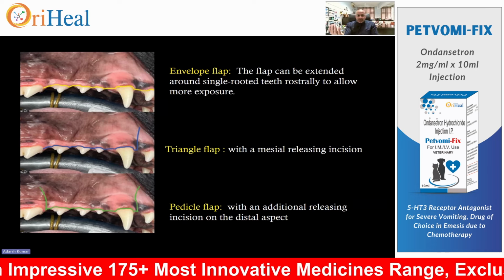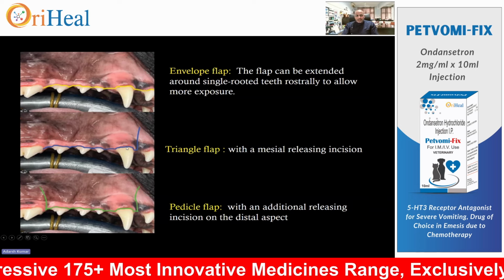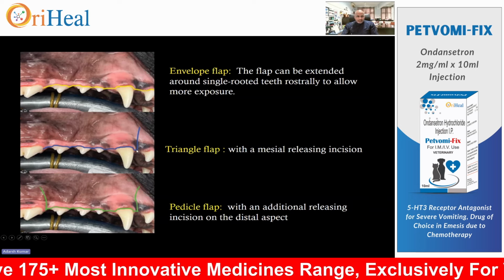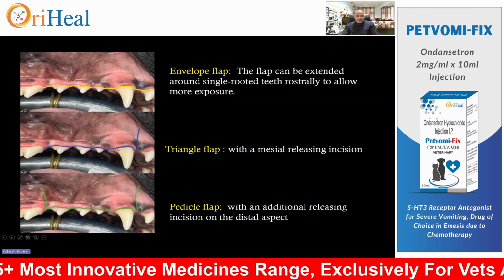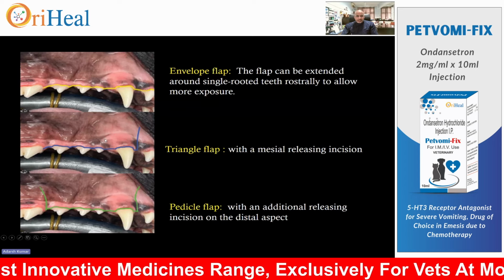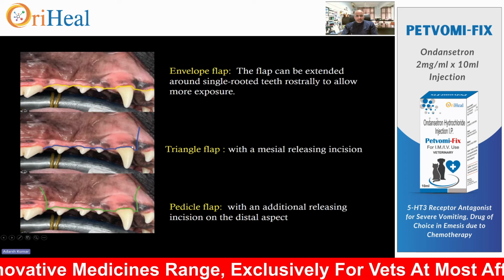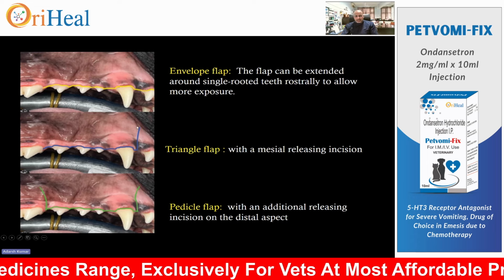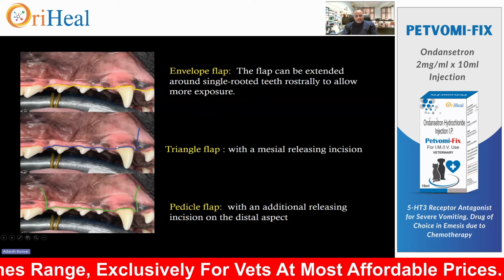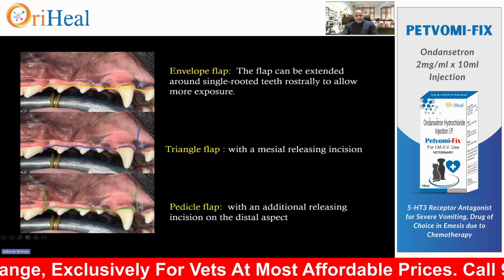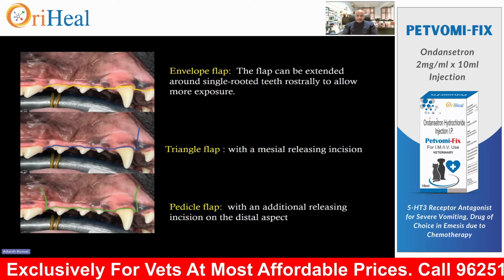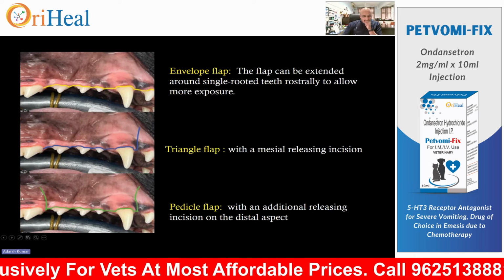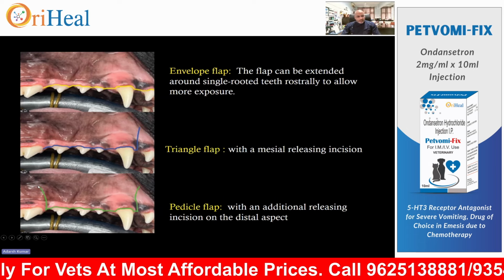Remove it and again replace it. But if it is a canine, you have to give an incision here so that whatever you create becomes like a triangle. So this is a mesial surface here, right? You give one incision on the mesial surface and an incision here and try to reflect the flap in a triangular portion.